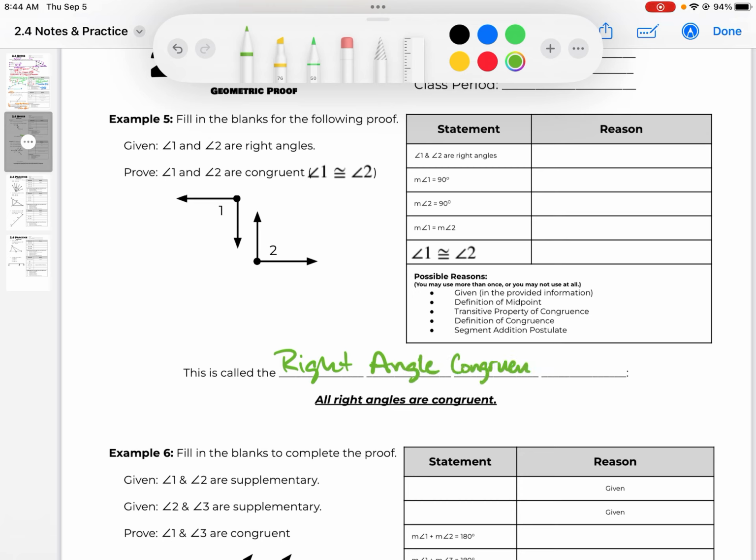See if I can fit this on the blank. I cannot. Right angle congruence theorem. And that one's pretty simple. It states that all right angles, right meaning 90 degrees, all right angles are congruent. And example 5 proves that.